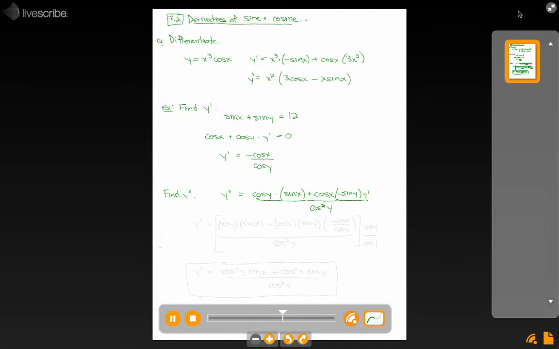So aside from dealing with some of the negative signs as I went there, I just basically used the quotient rule. Now I do have this y prime term in there that would need to be replaced with what we just found up above.